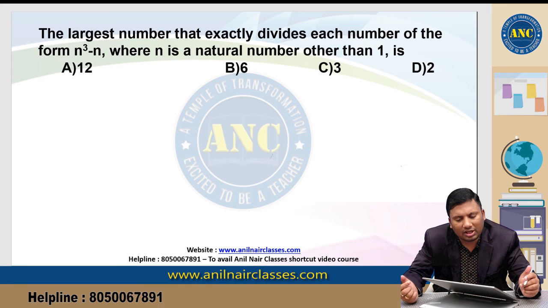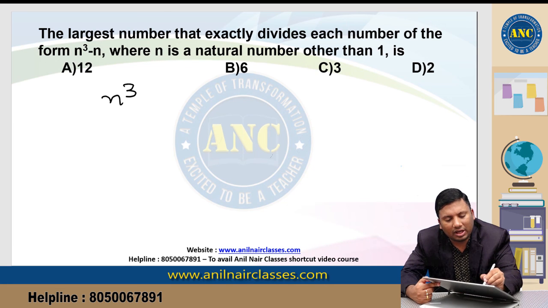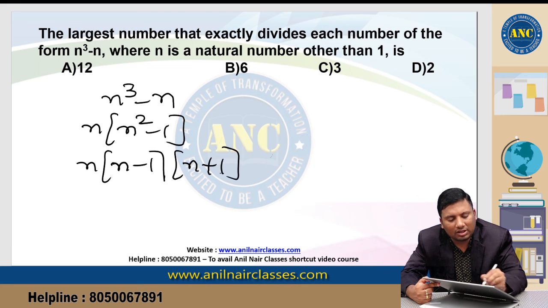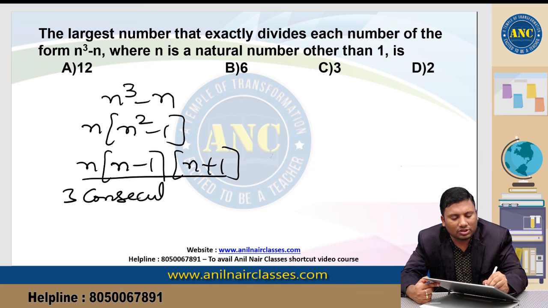The largest natural number that exactly divides each number of the form n cube minus n. n cube minus n is n into n square minus 1, which is n into n minus 1 into n plus 1. These are nothing but 3 consecutive natural numbers.